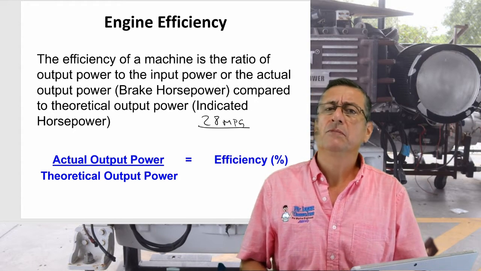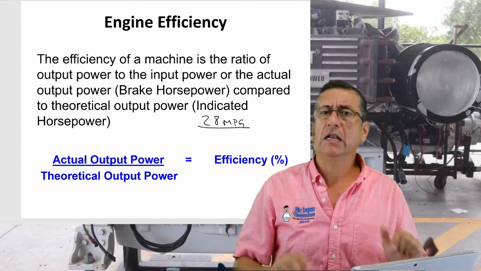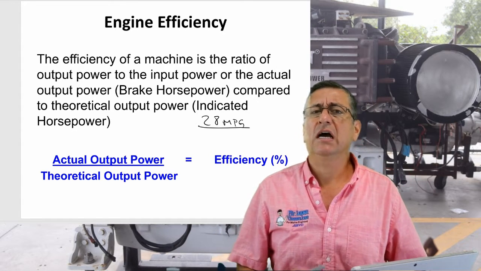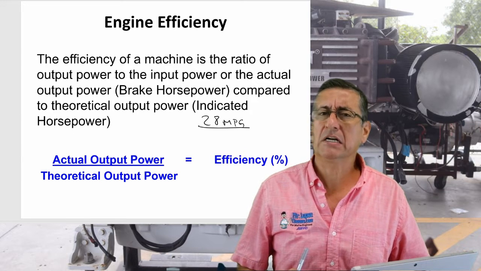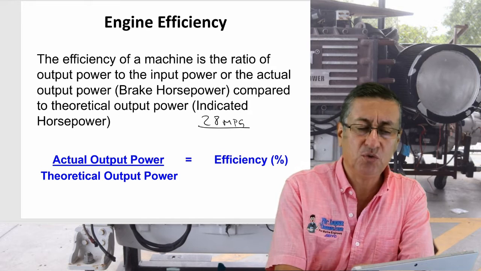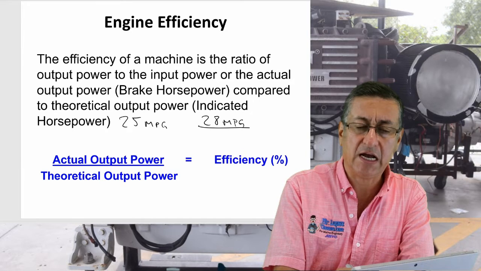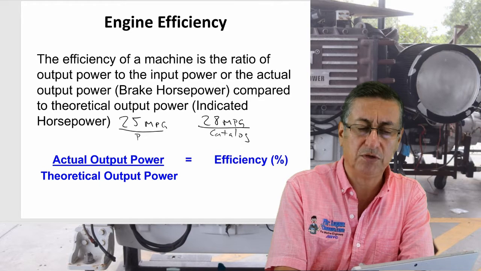And you check: you fill the tank with gas, you drive, and you do the calculation, and you find that the real consumption of your car is 25 miles per gallon. This is the catalog information, and this is the real situation.